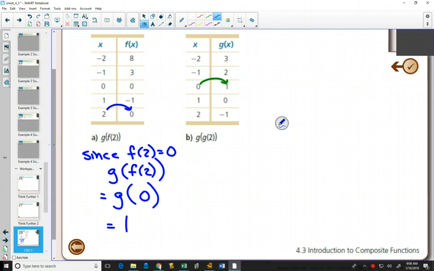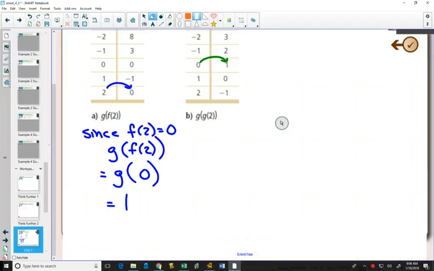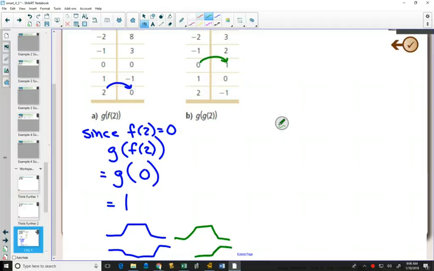And to connect this to what we were doing earlier, we would have two machines in a row. And you first put something into F and then put something into G. And the number that we're putting in is 2.